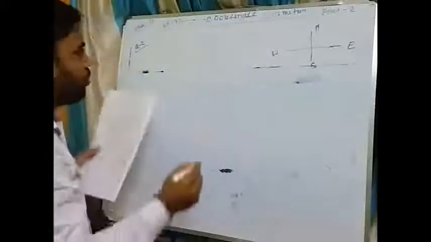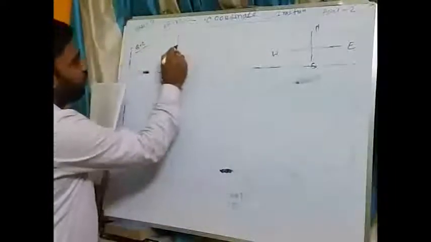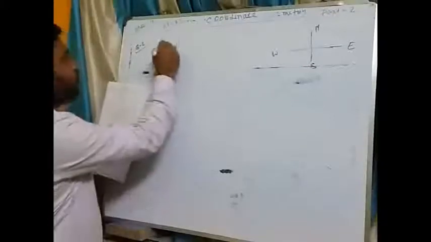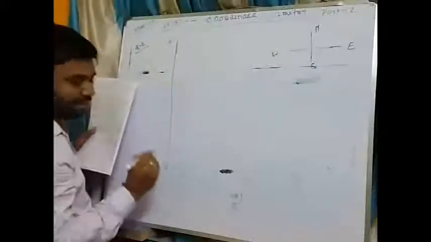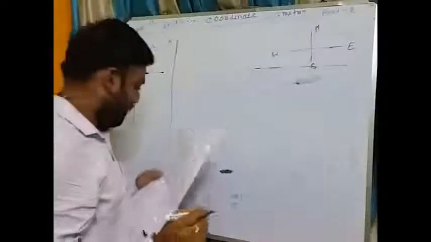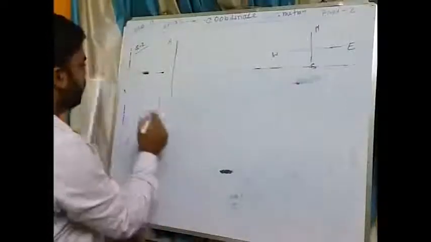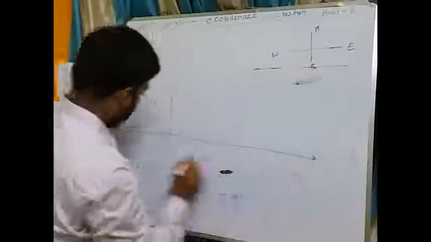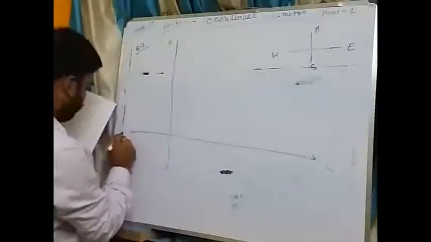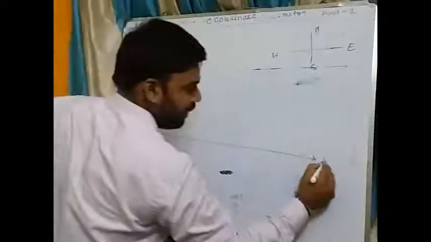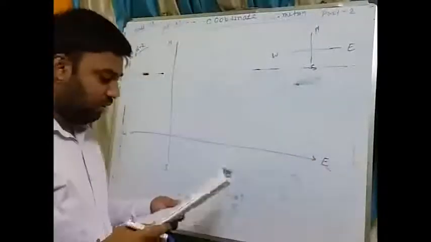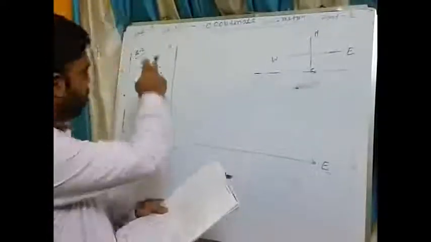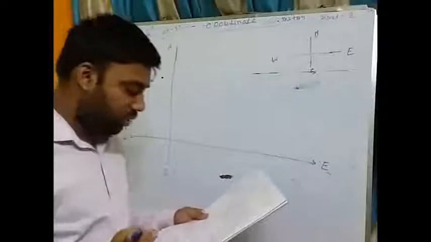Take a road along the north-south direction and another road along the east-west direction. That is the first part: a city has two main roads, in the north-south and east-west directions.